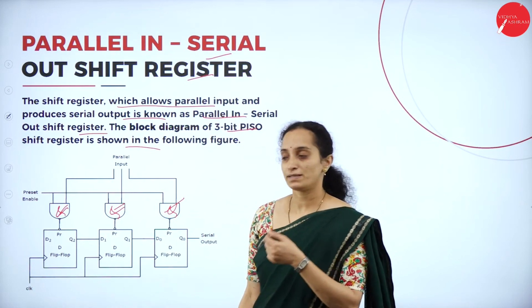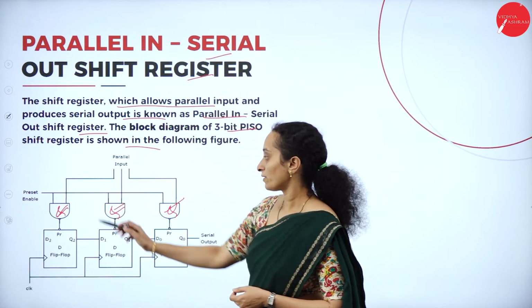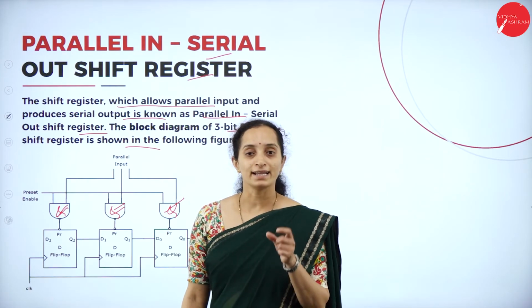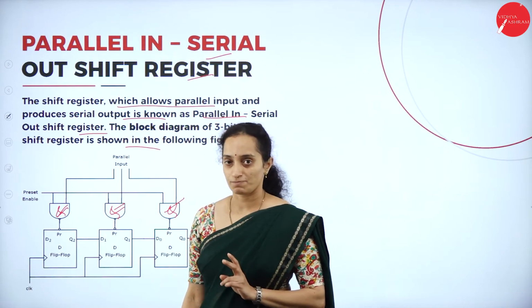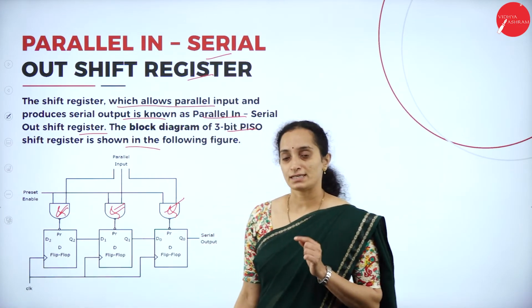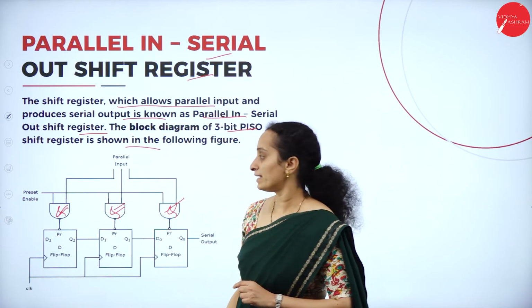The values are preset and provided with parallel input. Why do you need two inputs? The AND gate usually uses a minimum of two inputs, isn't it? So it uses a preset enabled value along with the parallel input.